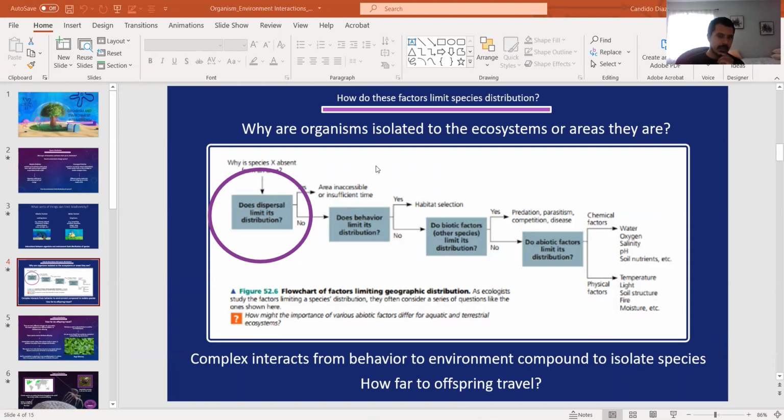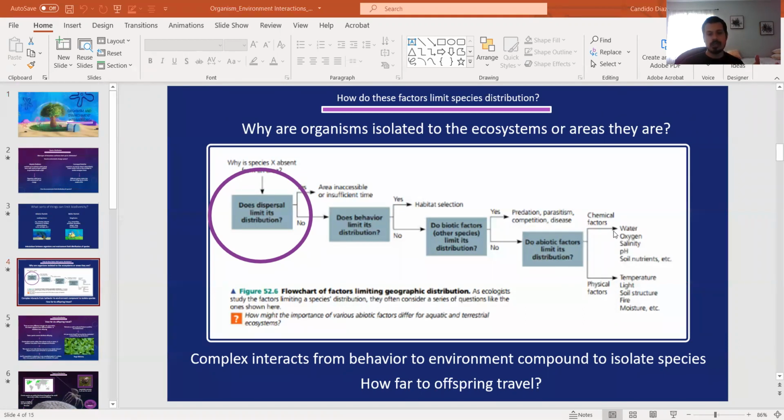The idea that organisms are going to be interacting with one another and they're going to be limited for a number of different reasons, right? They can be limited by, as we said, absence of nutrients, so by abiotic factors, we could have too much water, not enough water, things of that nature.